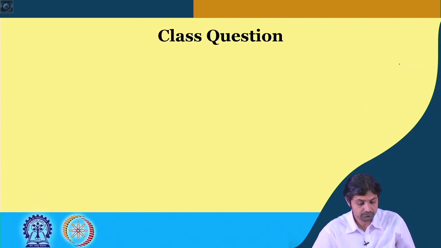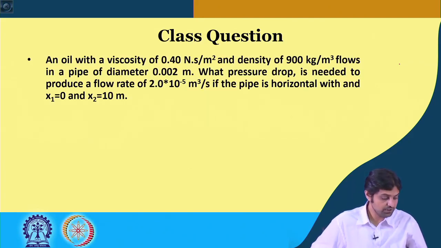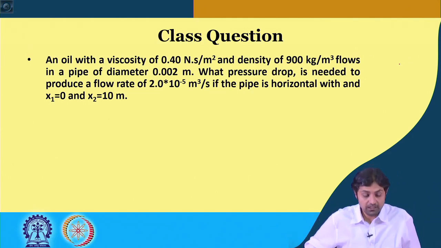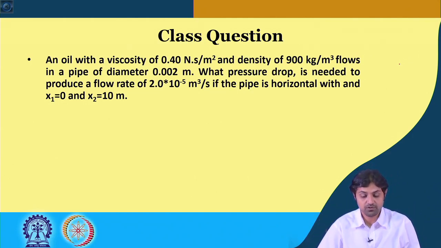Good. So, now we are going to solve a question which says that an oil with viscosity of 0.4 Newton second per meter square and density of 900 kilogram per meter cube flows in a pipe of diameter 0.02 meter.